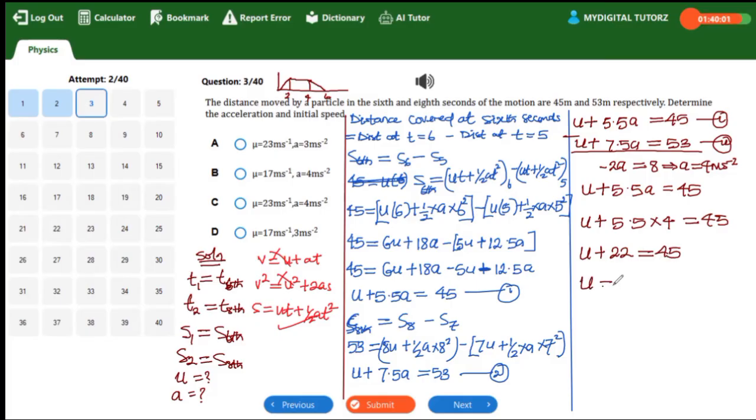Therefore, U will be equal to 45 minus 22. That will give us 23 meters per second. So in your options now, you should be looking at U equal to 23 and A equal to 4. And that gives us option C as the correct answer.